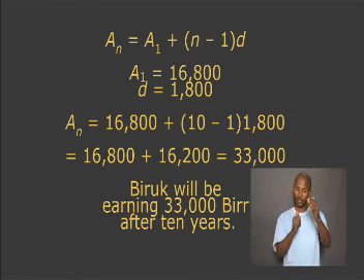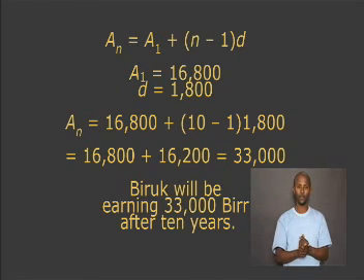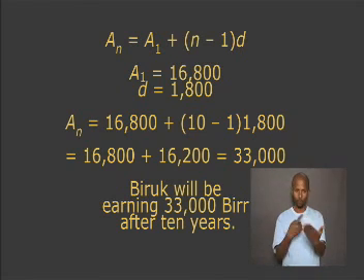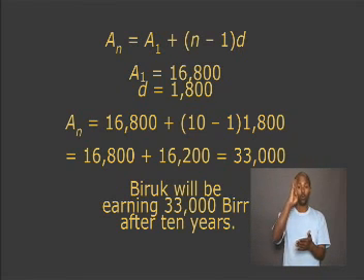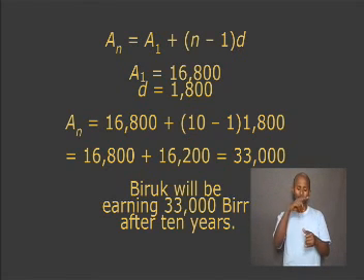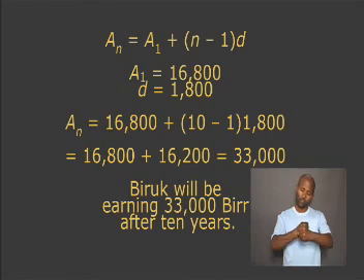N minus 1 is 10 minus 1, which equals 9. 16,800 plus 16,200 equals 33,000. Therefore, Biruk will be earning 33,000 bir at the end of his 10th year with the company.